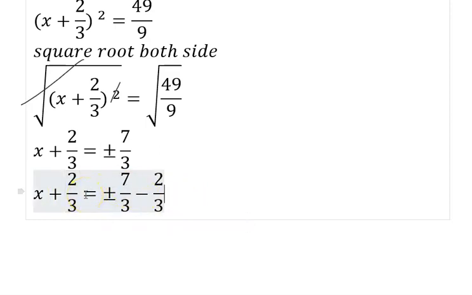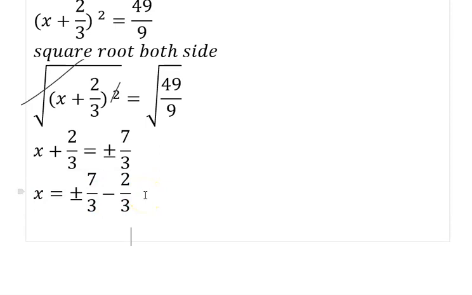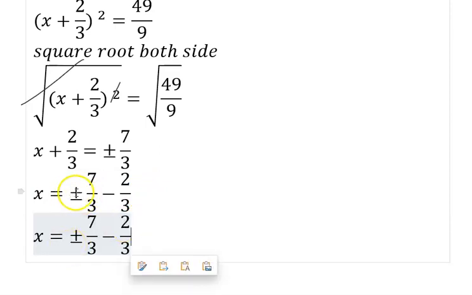So this one has gone out. Awesome. So our x is this. So let's split them one after the other. So let's do for our plus first. Plus 7/3 minus 2/3. That means this one has gone.